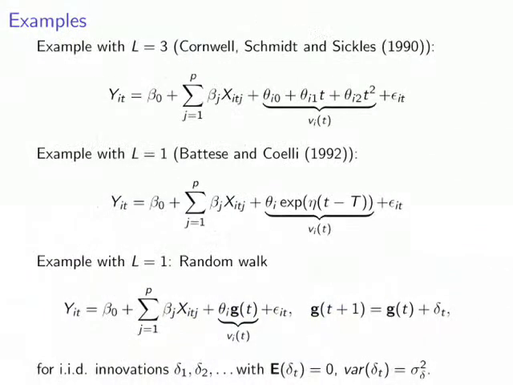Okay? To give some examples of things we have in mind, for example, just for analyzing this type of data, there's a very simple model of Cornwell, Schmidt and Sickles, which says just that the V is just a quadratic polynomial, okay? Which in this case would be, the model would be true with L equal to 3, okay? And the G's, well, they would be normalized after these things, okay?